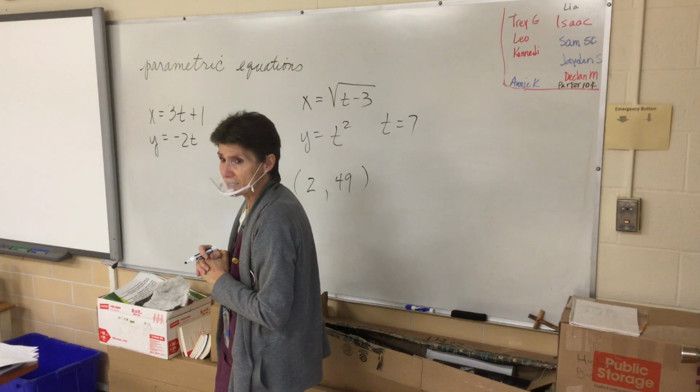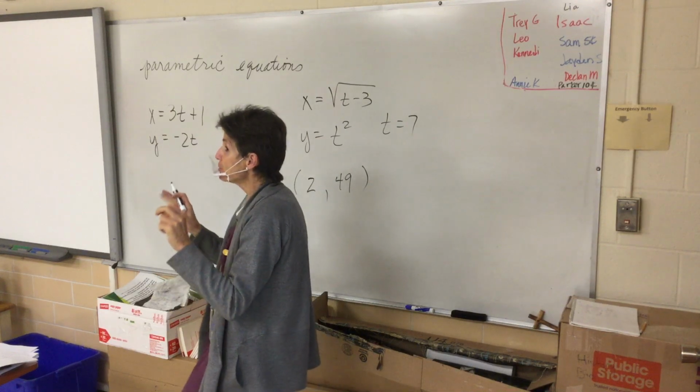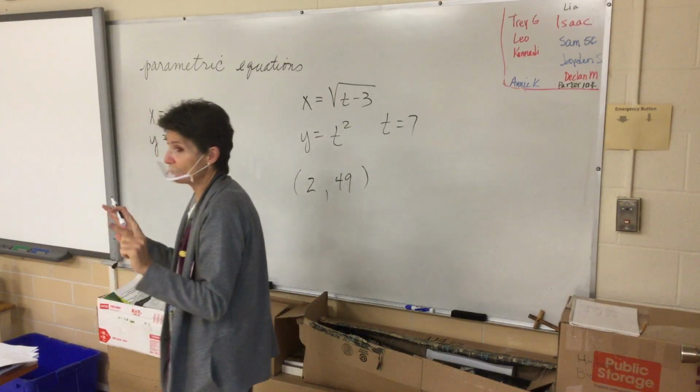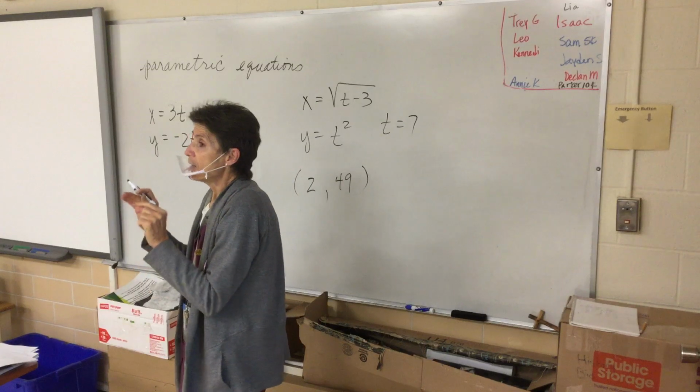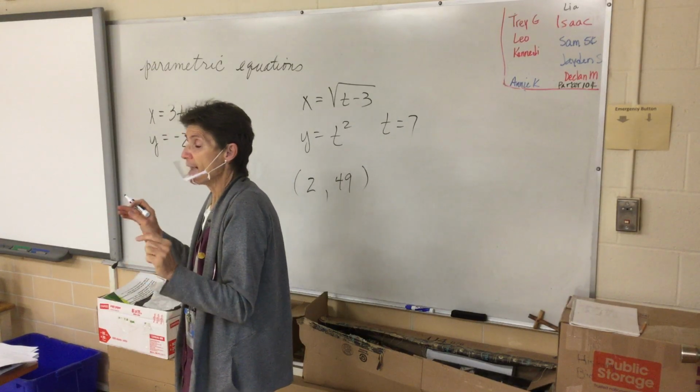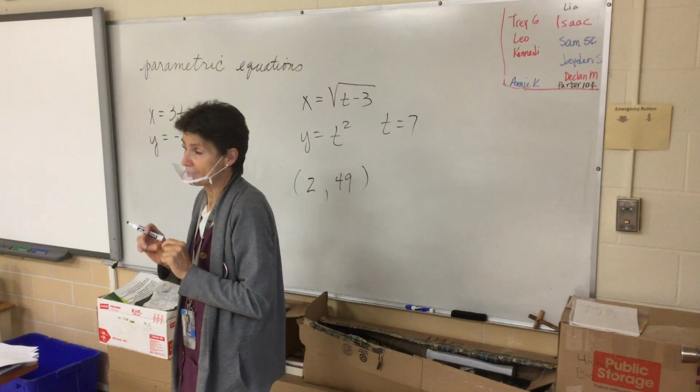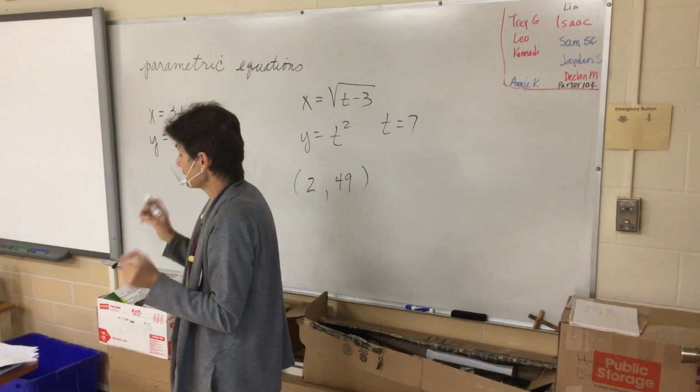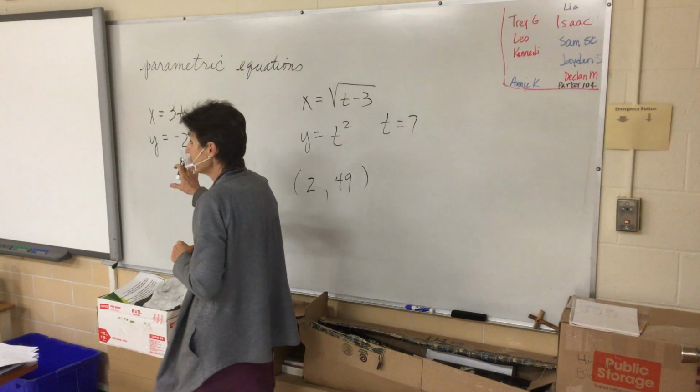We have to get rid of the t's. Now, you have 2 choices to get rid of the t's. In the past, many students have liked to eliminate them using regular elimination. So here's what I mean.